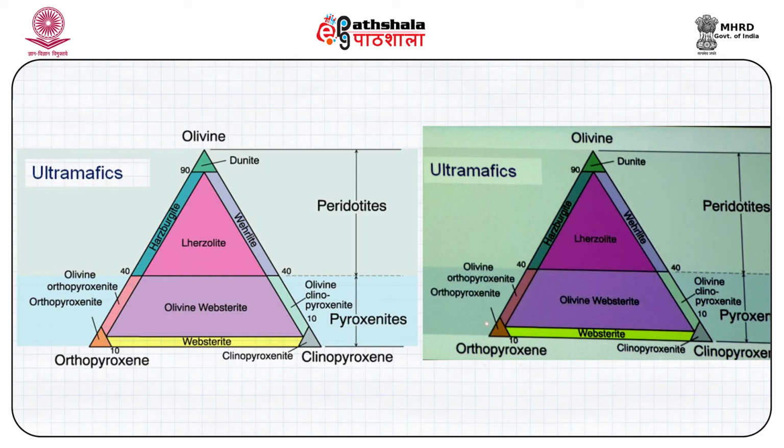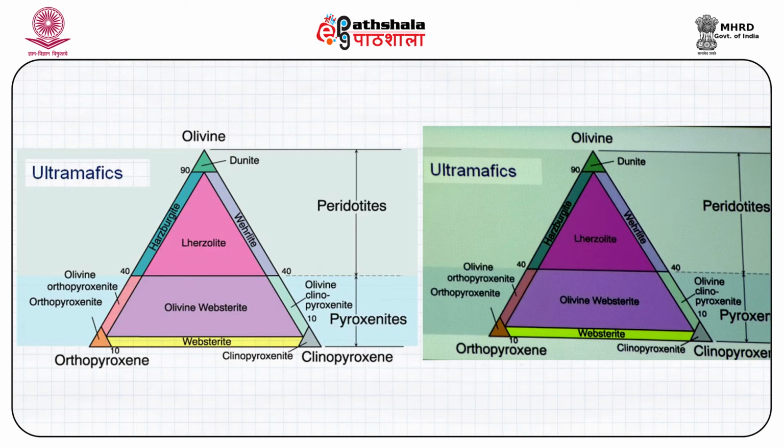And on this end, if you have less olivine and more orthopyroxene, it is called olivine orthopyroxenite, or olivine-bearing orthopyroxenite. Similarly, on this end, it will be olivine clinopyroxenite. So, this is clinopyroxene, this is olivine.